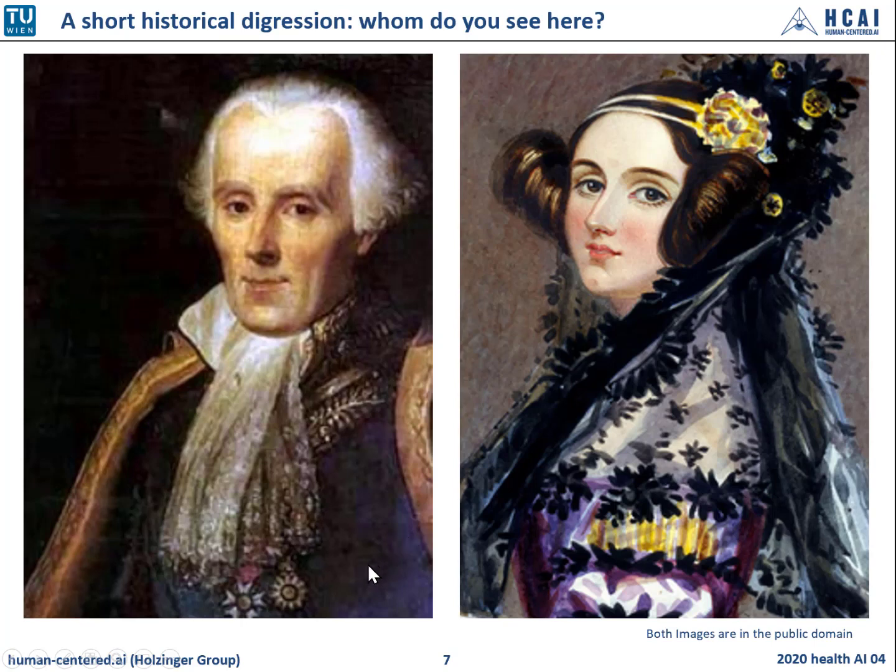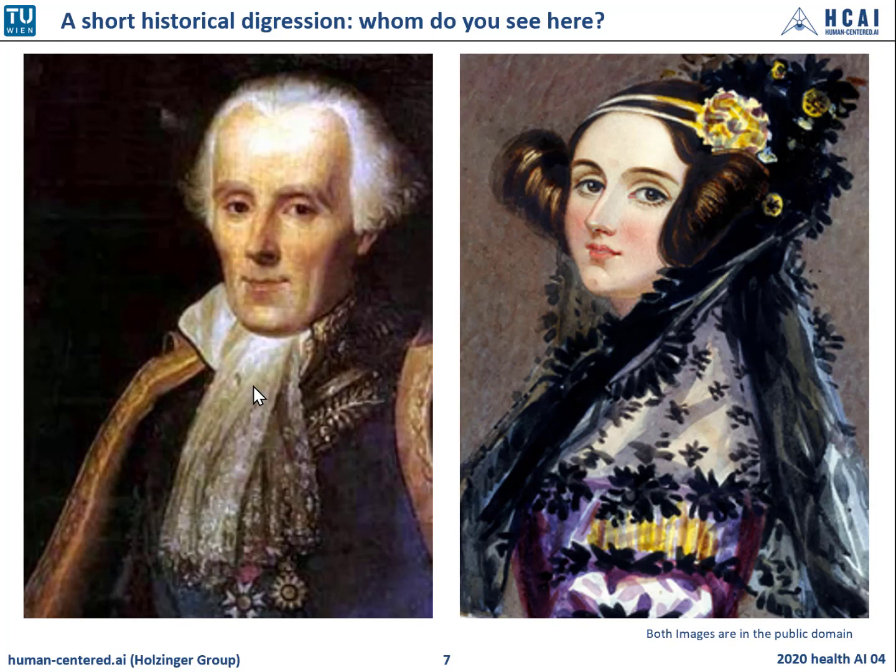Okay, so a short historical digression. Whom do you see here? Yes, of course, on the left you see Pierre-Simon de Laplace. You know him well, so he lived from 1749 to 1827. So why is he our hero? Exactly because he laid the foundation for statistical probabilistic machine learning.